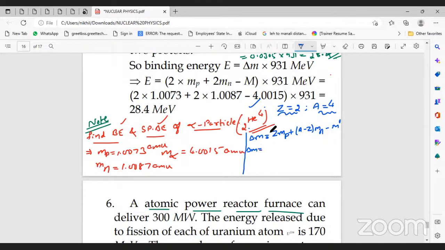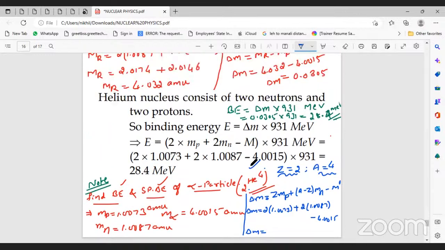So what is the Z value? Z value is 2, so 2 times the mass of the proton, 1.0073, plus A minus Z, which is 4 minus 2, that is 2 neutrons, 1.0087, minus the mass of the alpha particle, 4.0015. This is the same as what you calculated in the previous problem.